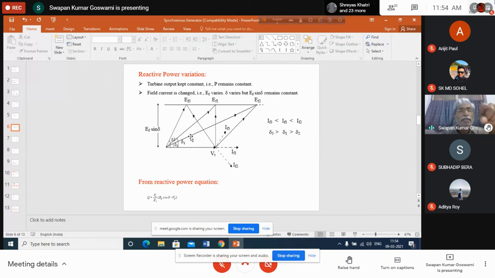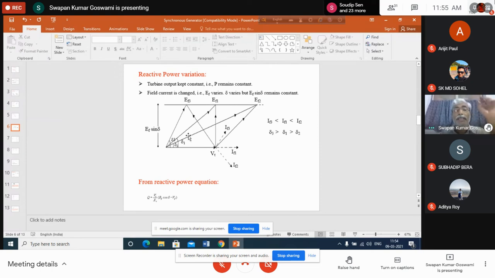Why does EF sine delta have to be kept the same? Because we want to keep the active power output constant. Power is EF Vt by Xs sine delta. So EF sine delta is kept constant, Vt is constant. So when EF sine delta is kept constant, obviously active power output will also remain constant.